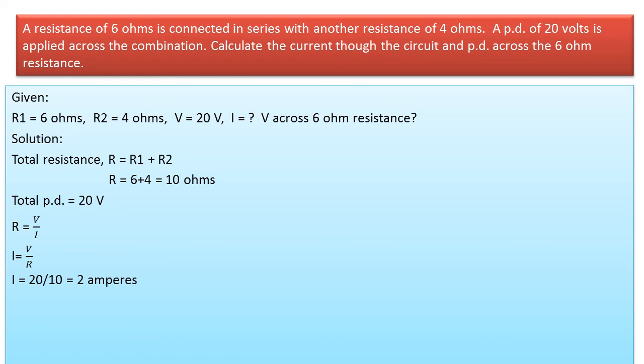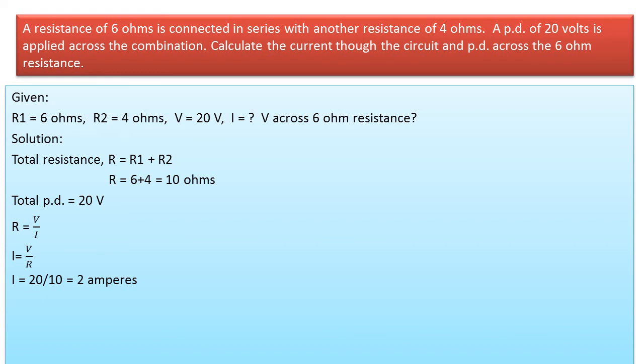And all of you know resistors are connected in series. There is only one route available for the current to flow. So the same current flows through both these resistors here. 6 ohm resistor also has 2 ampere current and 4 ohm resistor also has 2 ampere current flowing through it.